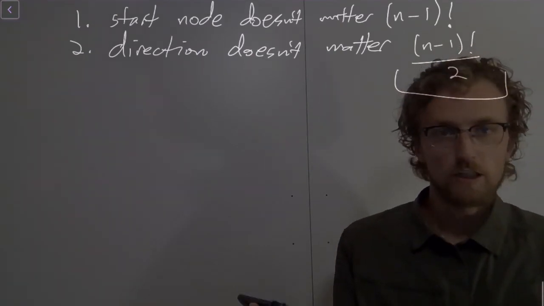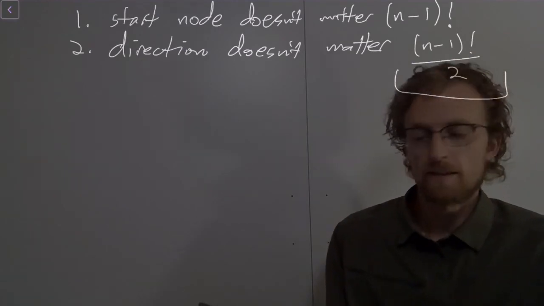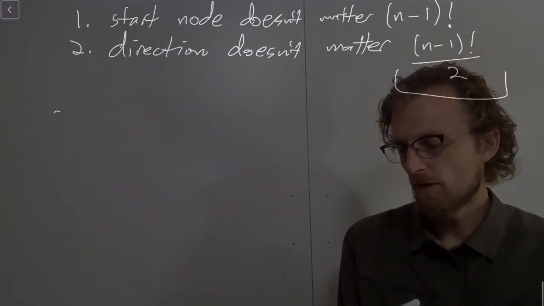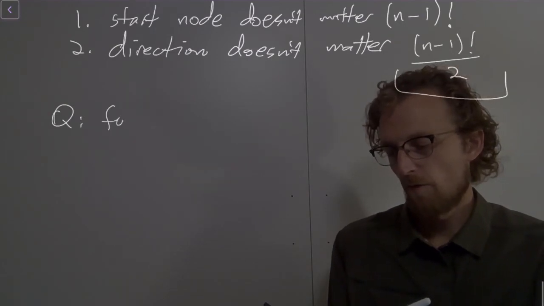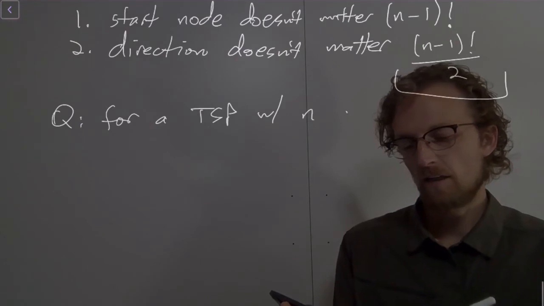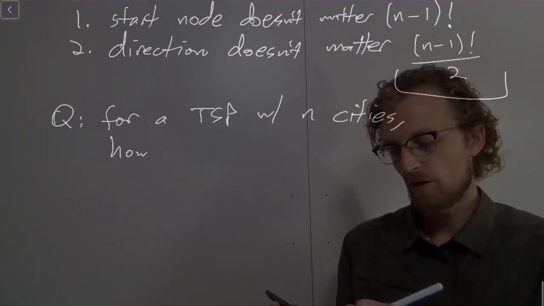So let's just look and see, for a TSP with n cities, how many unique solutions are there?